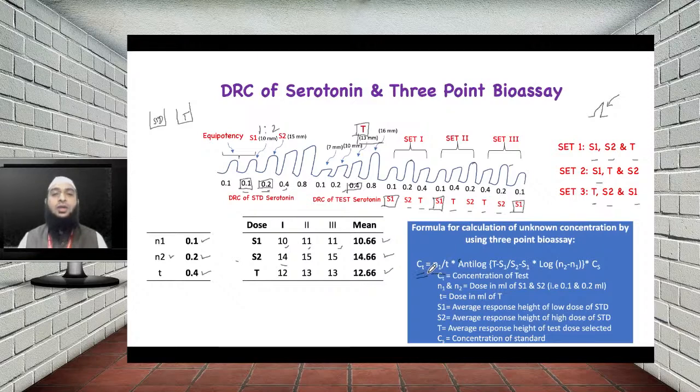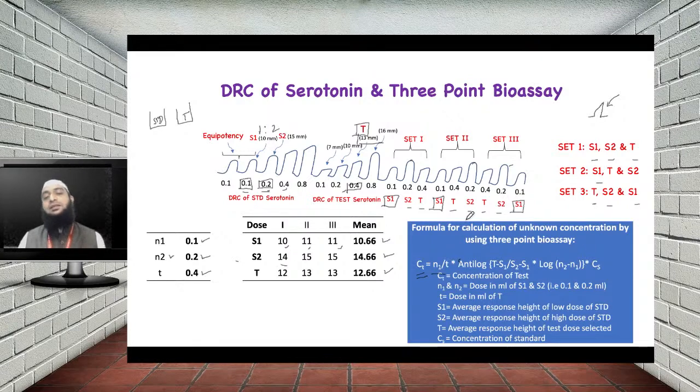So now you can calculate by using 3-point bioassay. So what are the learning outcomes of this experiment? The most important learning outcome is that for serotonin bioassay, we have used the fundus strip, because the fundus is the part of the GI tract where serotonergic receptors are present. That is the reason why we selected the rat fundus preparation.